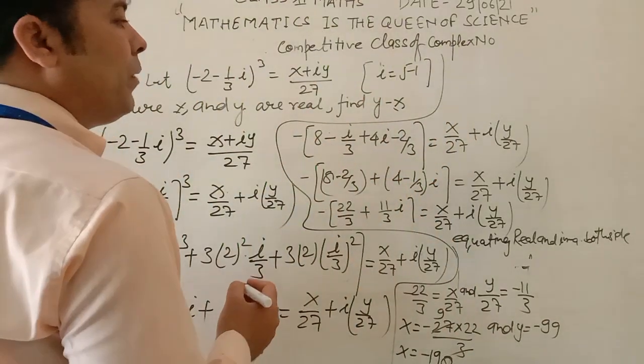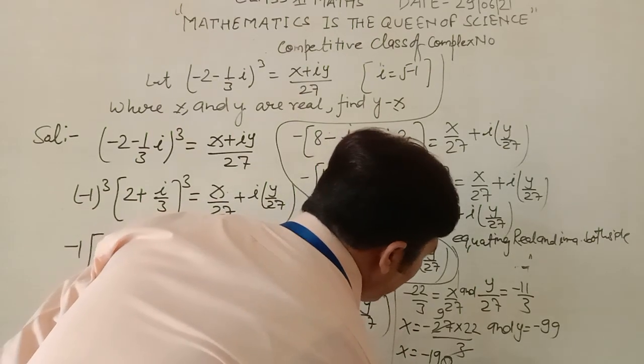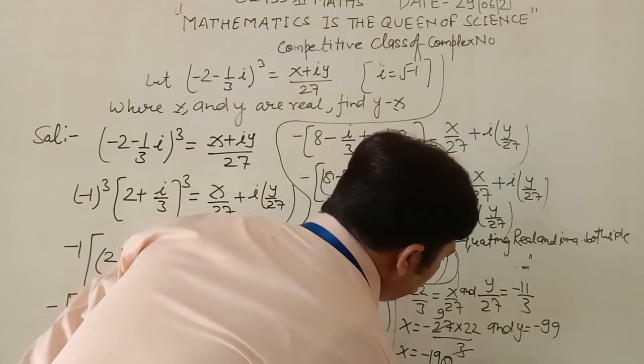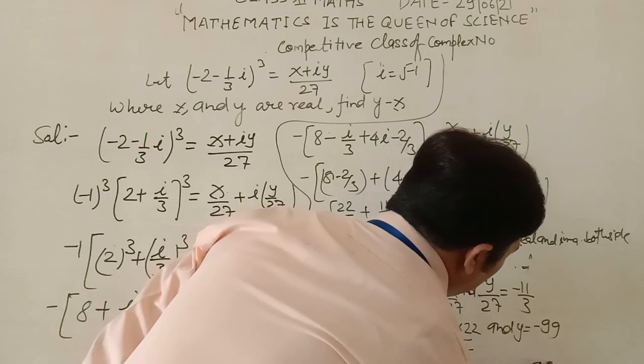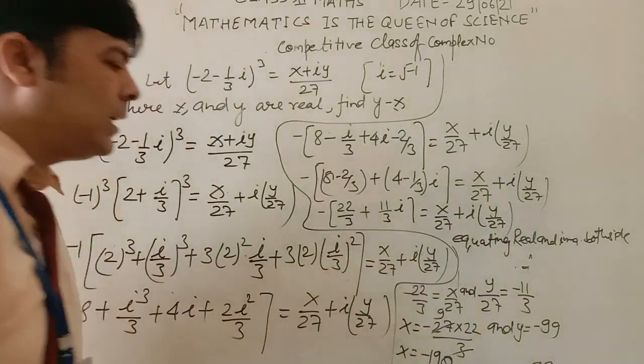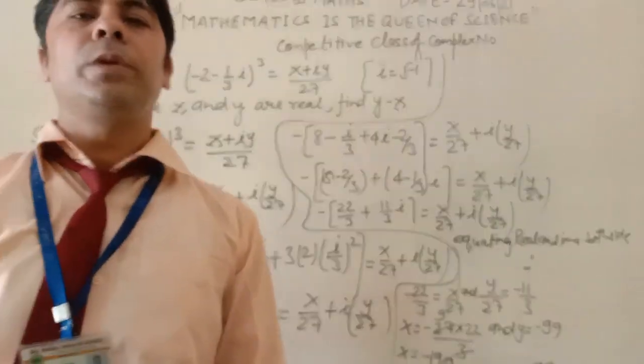Now we need to find the value of y minus x. So y minus x is minus 99 plus 198, which is equal to 99. So the value of y minus x is equal to 99.